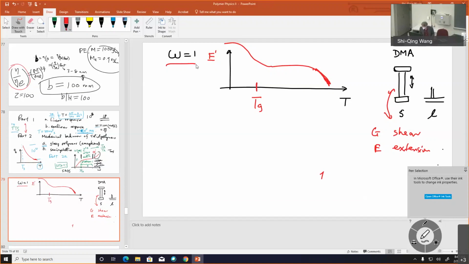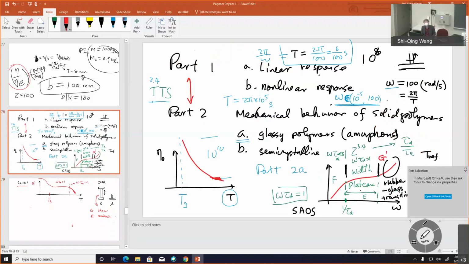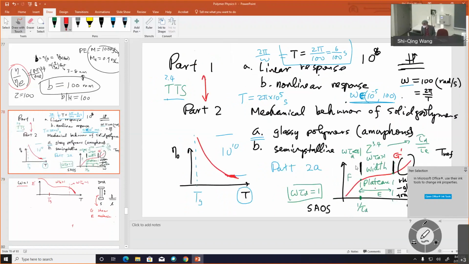It will flow, and then at some point, this is simply a point where omega times tau starts to be as large as 1, such that as you cool down further, your tau d is large. And that's the same as this region in the plateau, right? The same as this region.